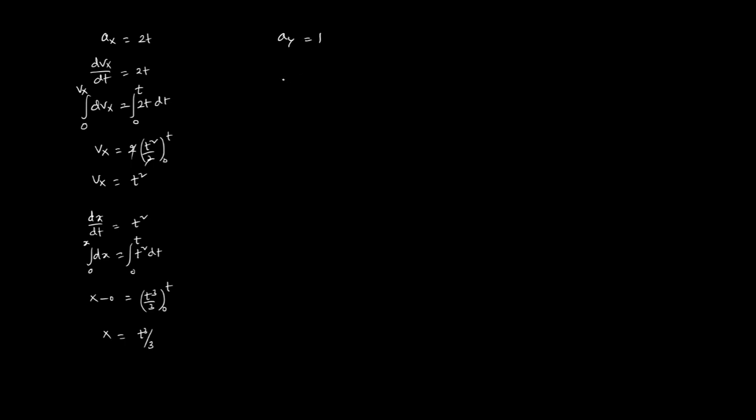We got the acceleration along y as 1, which is constant, so directly you can use the equations. Then vy is equal to uy plus ay t. So vy is equal to 0, starting from rest, plus 1 into t, so vy is equal to t. Even if you write the derivative or integrate, you will get the same thing. As acceleration is constant, we have dedicated one chapter, kinematics, for constant acceleration, so I'm using the same thing.